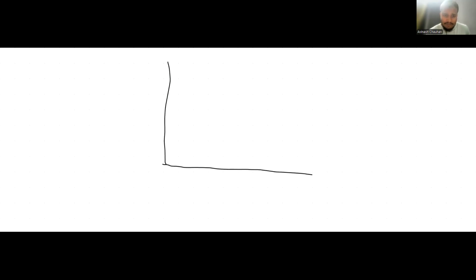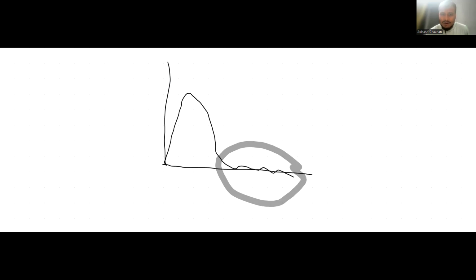If my graph is like this, you can see that at some point my data is skewed.